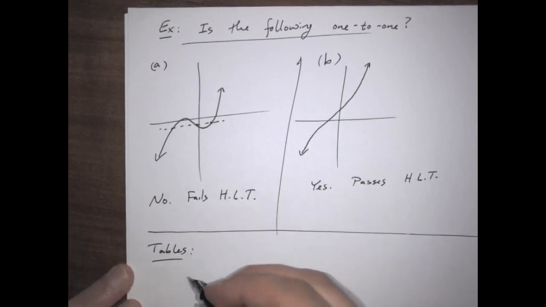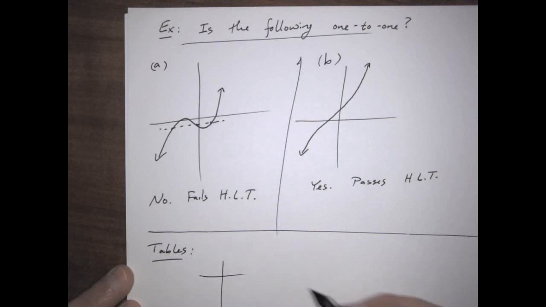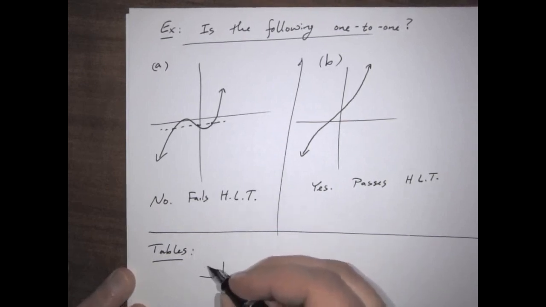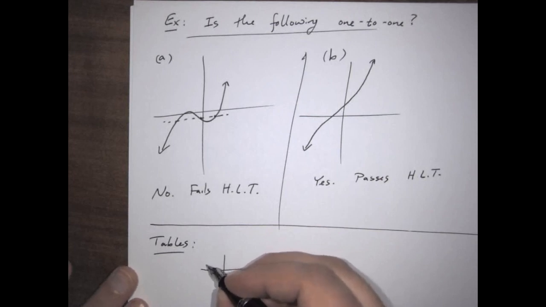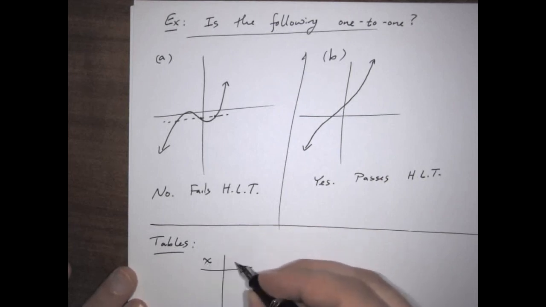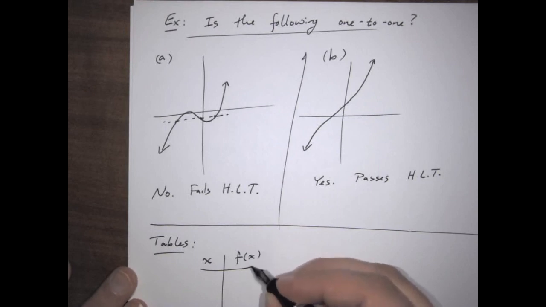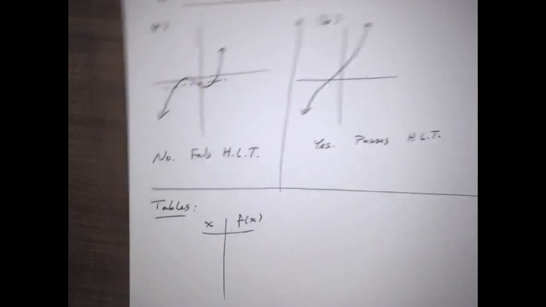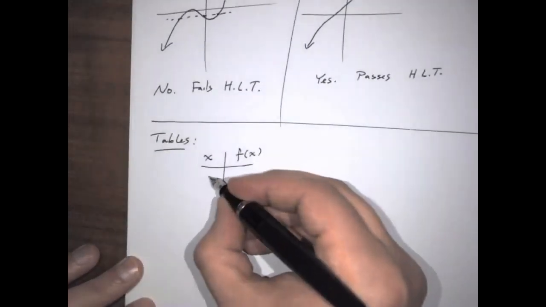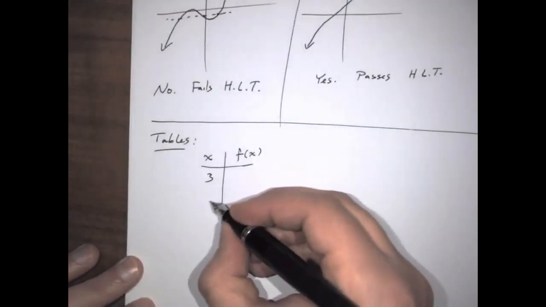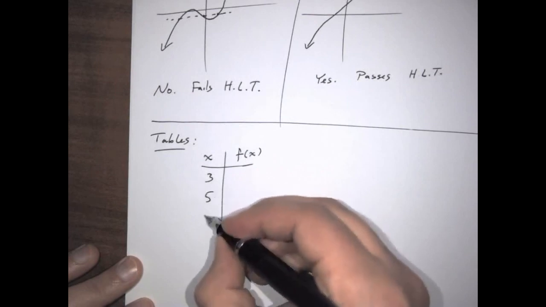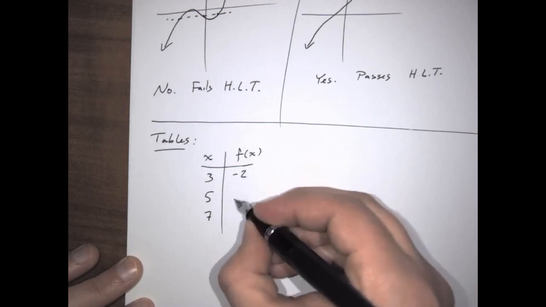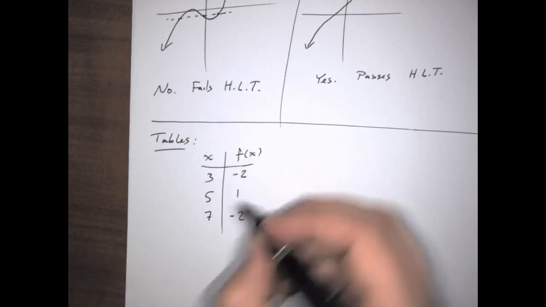So tables are very easy to use as long as the function that you're talking about has its values that you're wondering about on the table. So the important thing about a table is that it gives you the x value and corresponding output value. So it gives you the input value and the corresponding output value. And you might have something like 3, 5, 7, then outputs of -2, 1, -2.